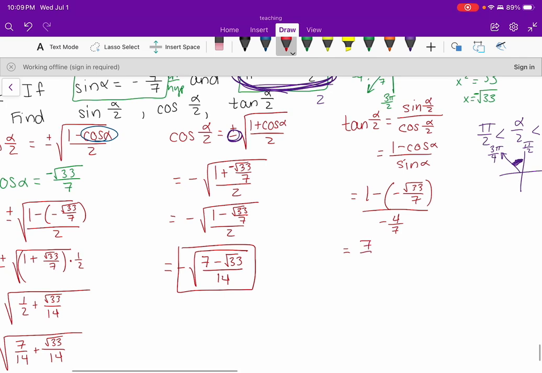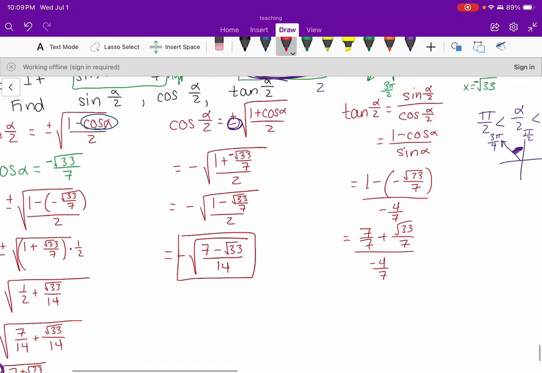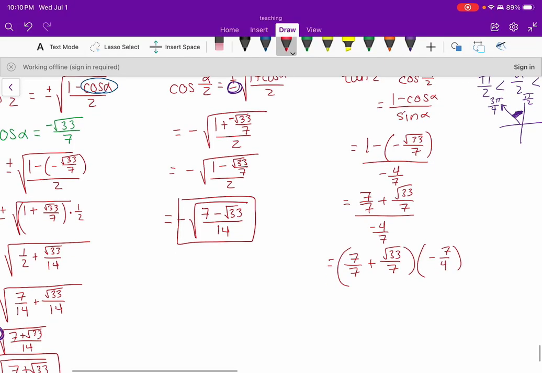I get 7 over 7 plus square root 33 over 7, divided by negative 4 over 7. Keep change flip. I get 7 over 7 plus square root 33 over 7 times negative 7 over 4. These 7's will cancel.